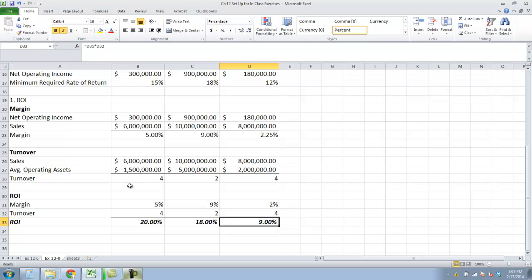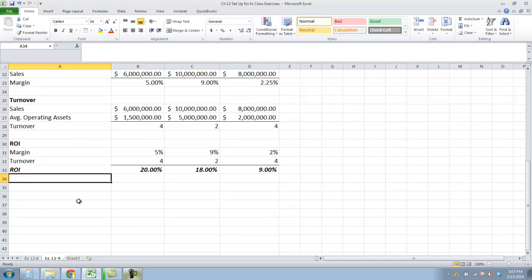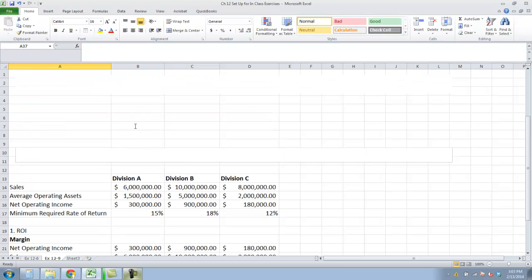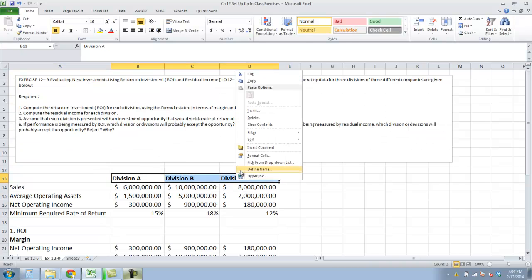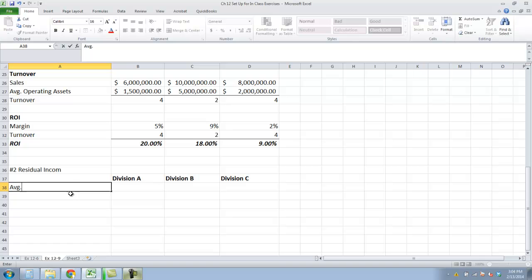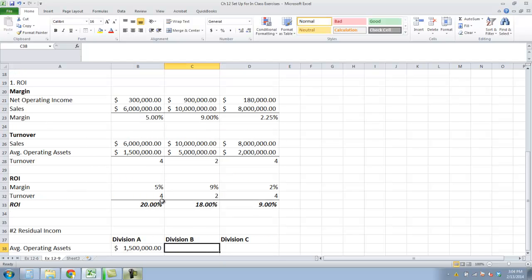Now, we want to calculate residual income. We haven't done this yet as an example. So number 2, residual income. We're going to set them up as 3 divisions. And we're going to start with the average operating assets. This is given from above.